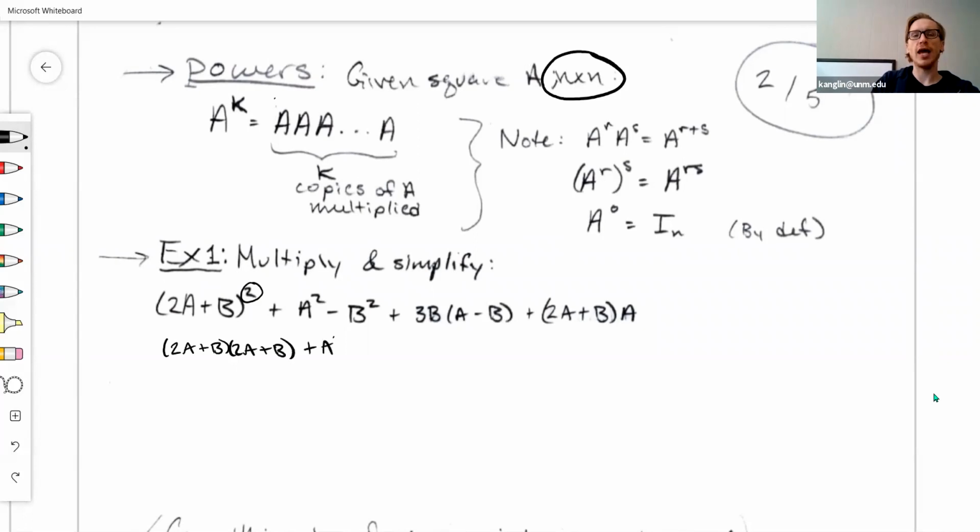Then after that, I've got an A squared, just 2 copies of A multiplied together. I've got a B squared, same idea. I've got a 3B, and we saw we can distribute something like this through a sum or difference. So I can say this is A attached to the 3B, and 2 copies of B would make negative 3B squared. We saw I can also multiply from the right on both of the pieces, distribute from the right.